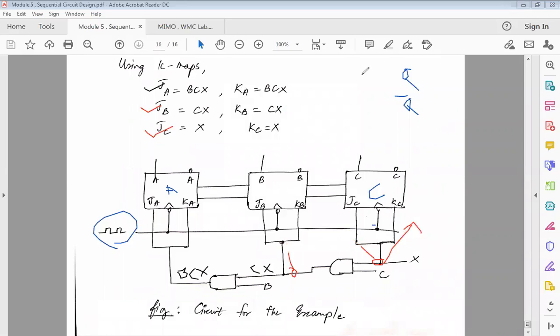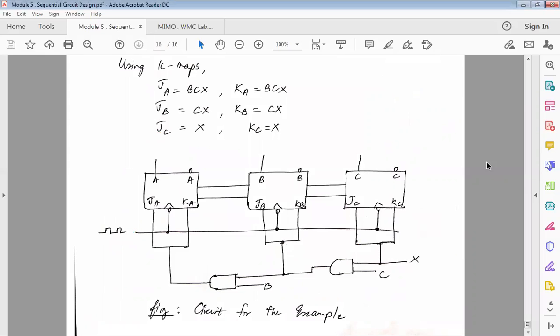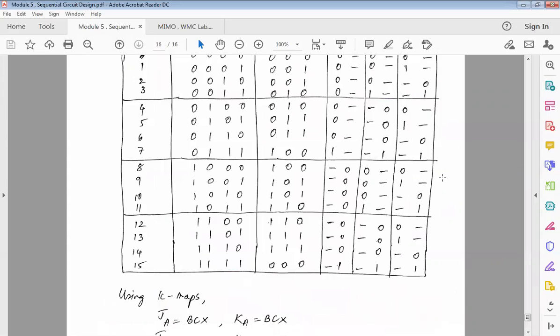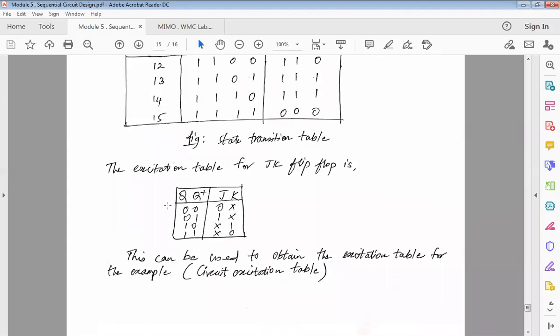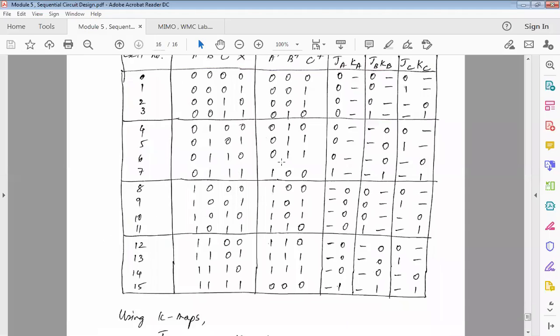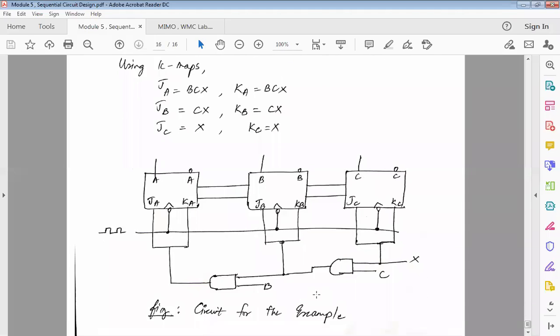The only thing that you have to do here is understand how to go about using the values, how to use the flip-flop. Only then will you be able to do it. Even though you know all these concepts, if just your excitation table goes wrong, then all these equations would go wrong.